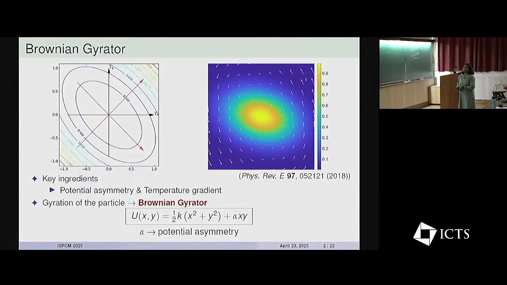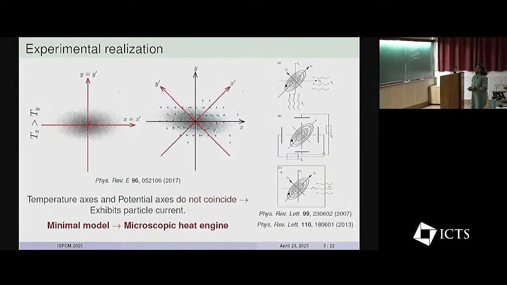The asymmetric potential can take this form, with alpha as the potential asymmetry. Such a system has already been verified experimentally by several groups. These are the possible experimental setups.